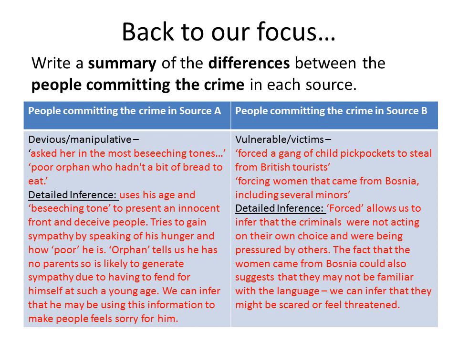The fact that the women came from Bosnia could also suggest that they might not be familiar with the language, so maybe we can infer that they might be scared or feel threatened. You can also talk about the fact that there are minors involved, and minors are children. They can't necessarily look after or defend themselves properly. So all of that supports this idea that the people committing the crime in source B are vulnerable and victims.